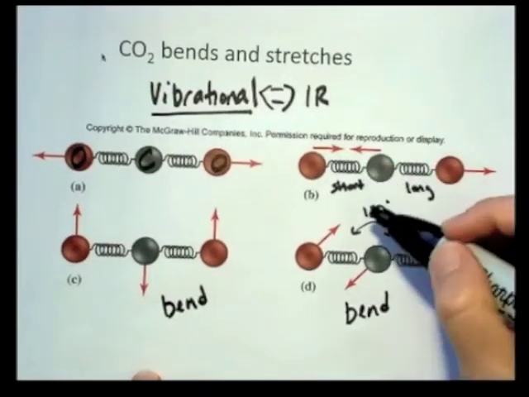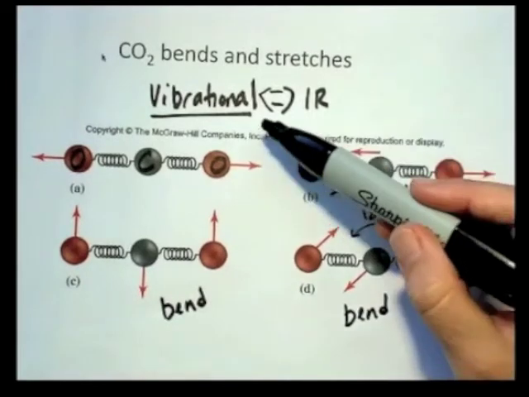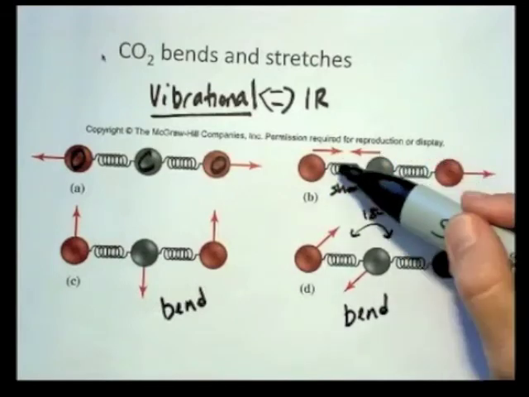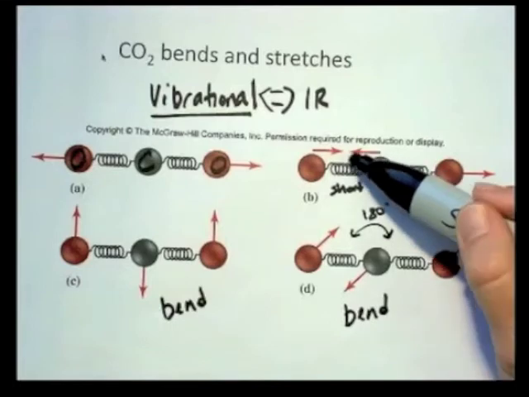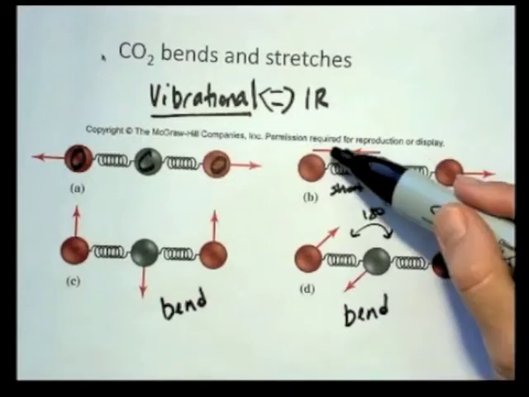And that's a little bit complicated for us, but I think you should take my word for it that the electromagnetic radiation is affecting the electric fields and the magnetic fields associated with those electric fields. And it has to be precisely the same energy of the vibration in order to be absorbed.